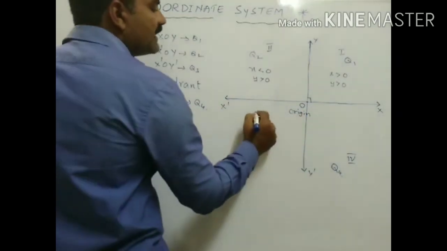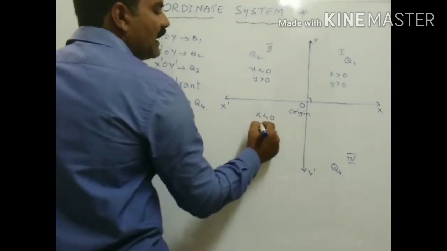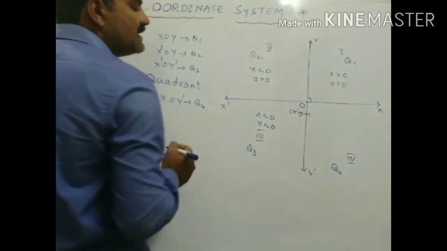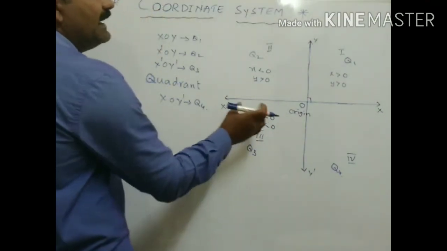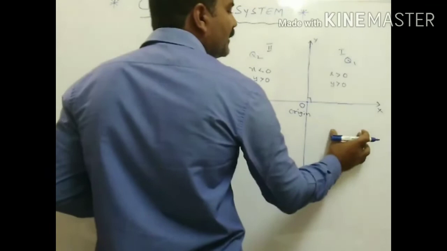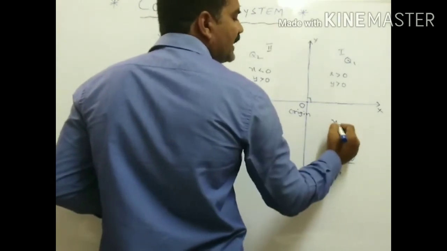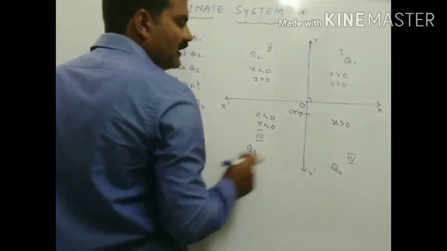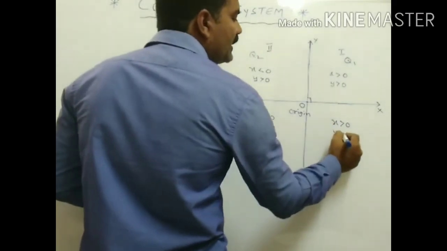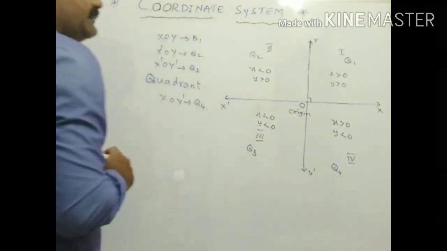Hence the x coordinate is less than 0 and the y coordinate is also less than 0. Both coordinates are negative. And in the same manner coming to the fourth, because of OX, the x coordinate should be positive and because of OY dash, the y coordinate should be negative.